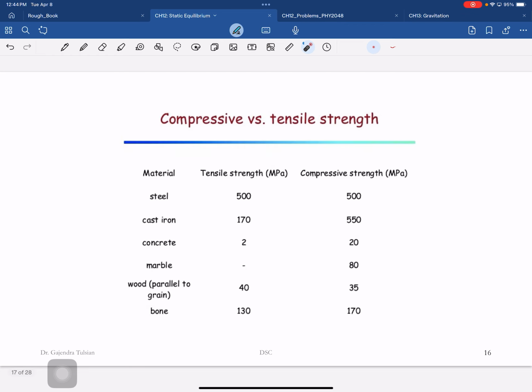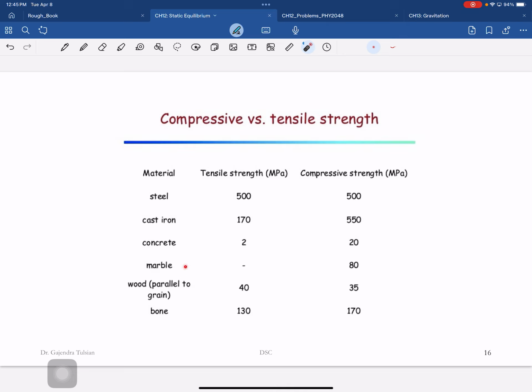All right. So again, here are compressive and tensile strengths. As you can see, tensile strength tells you, under tensile stresses, when does the object break, okay? So tensile strength for most objects is always less than the compressive strength.